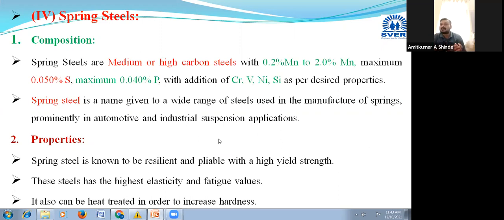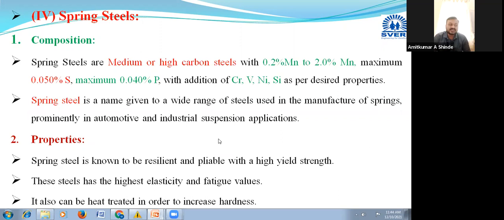It is medium carbon or high carbon steel with manganese, sulfur, and phosphorus, where the manganese percentage will be significant, that is from 0.2% to 2%. Maximum sulfur quantity will be 0.05%, and maximum phosphorus quantity will be 0.04%.